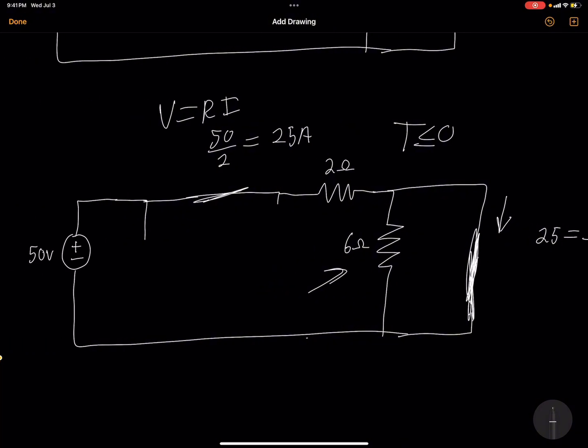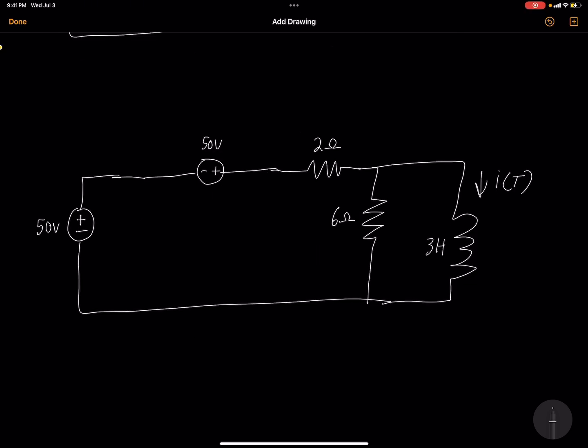Now let's solve for t after 0. I didn't draw that, so let me draw that really quick. Okay, so this is t after 0. Now that power source is no longer shorted. It's introduced back in, right? It might look a little weird, but you see how they're the same polarity, minus to plus, minus to plus?